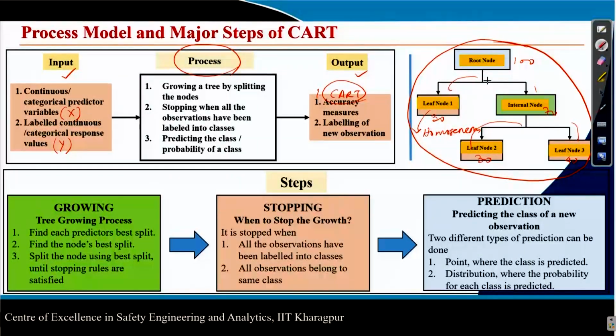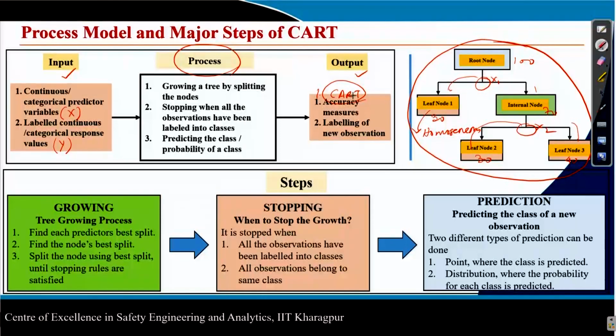So in the process, at each of the splits, you require the information of x. Here maybe you are using information x1, here maybe you are using information x2. As a result, another important output from the CART will be which predictor variable is contributing the maximum.